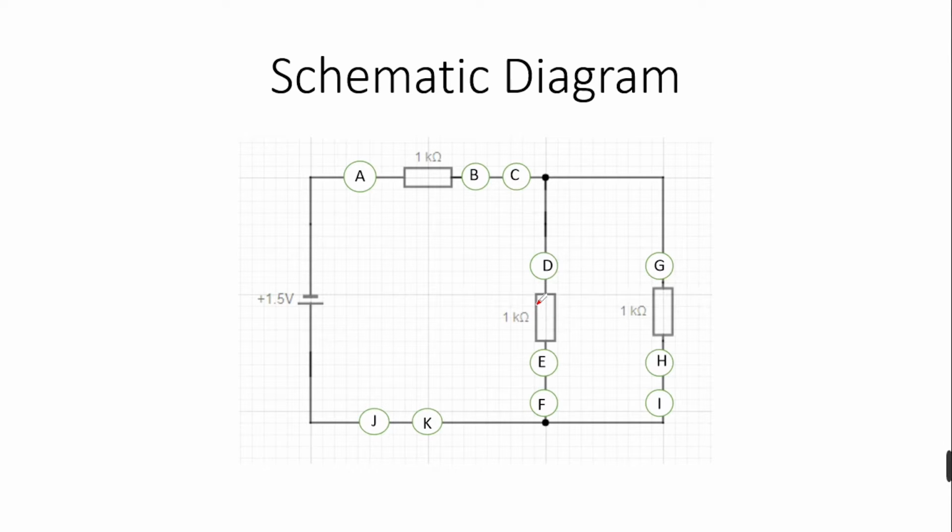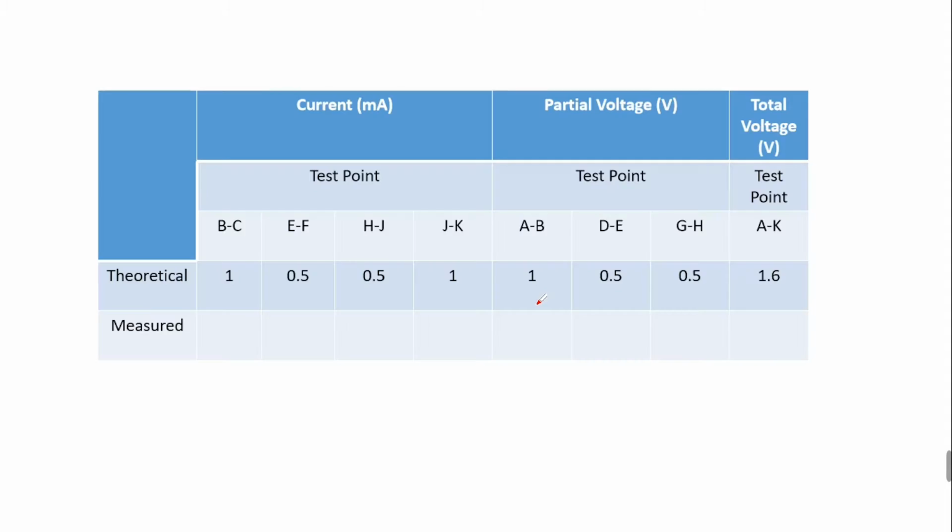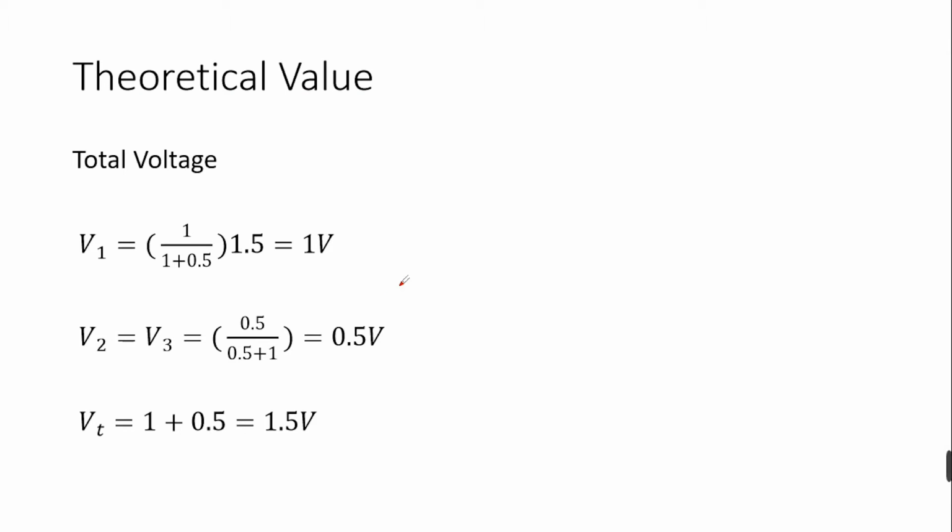In parallel, voltages are equal. So we find 0.5 over 0.5 plus 1, and we get 0.5 volt. So for V total, V1 plus 0.5 equals 1.5 volt.